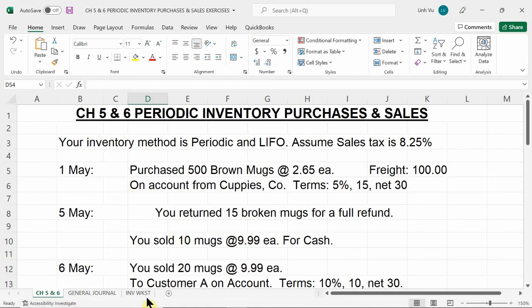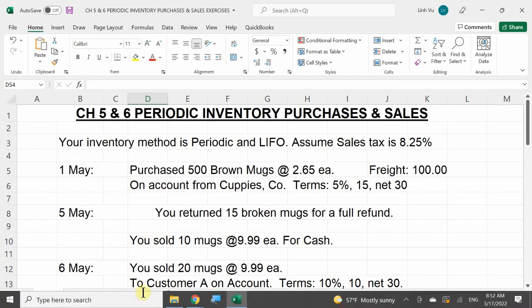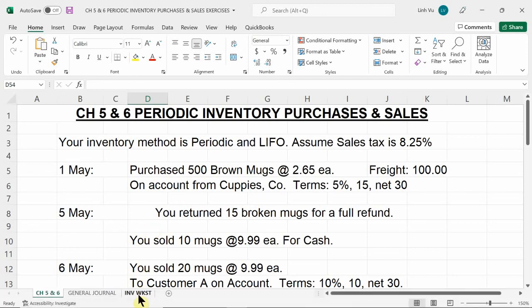I'm supposed to have a chart of accounts here, so you know what you want to use. But in this case, I sold 10 mugs at $9.99 each for cash. So how do I journalize this?